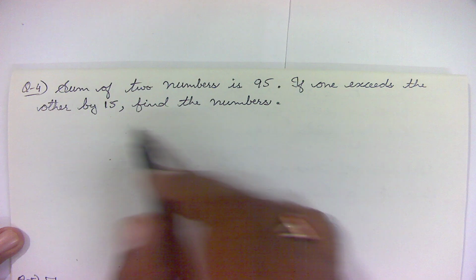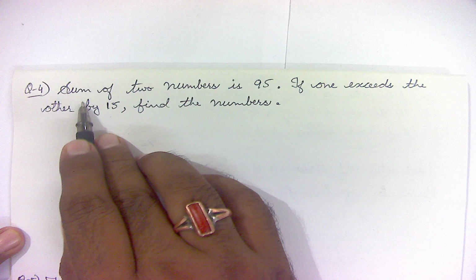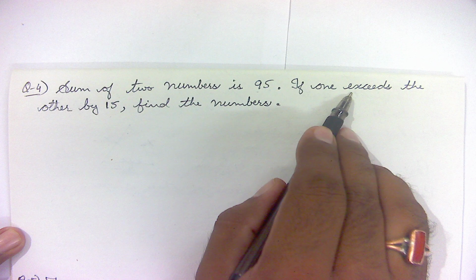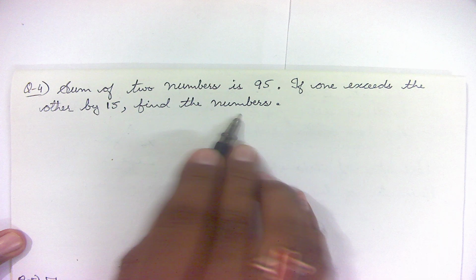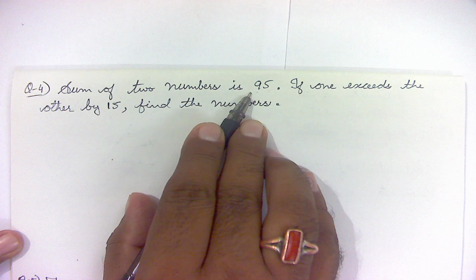It says the sum of two numbers is 95. If one number exceeds the other by 15, then find the numbers. Now here, what is given? You are given that there are two numbers and the sum of those two numbers is 95.